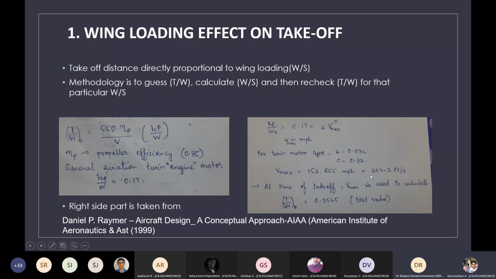Now if this 0.77, if you divide by velocity, it will be much less, no? The ratio, much less than 0.17.